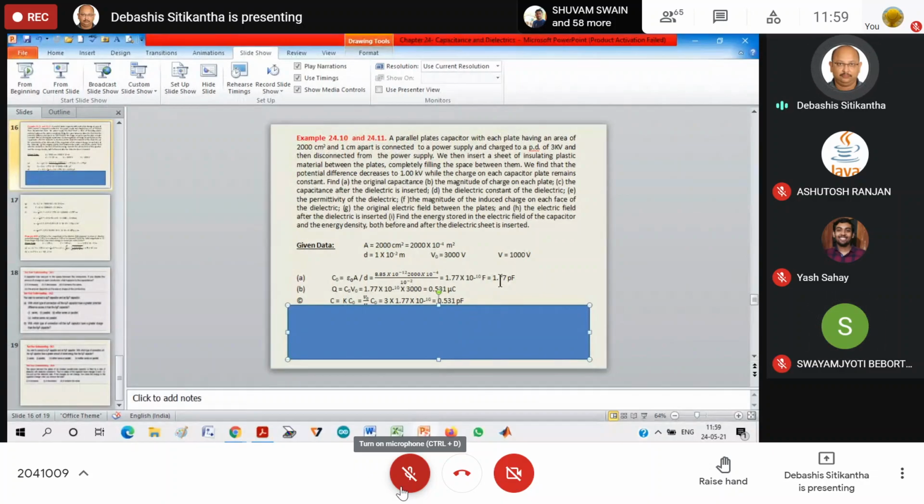It should not be 10 to the power minus 10. It should be 17.7 picofarad. Okay, somewhere I made the mistake. So pico is 10 to the minus 9, right? So pico is 10 to the minus 12.